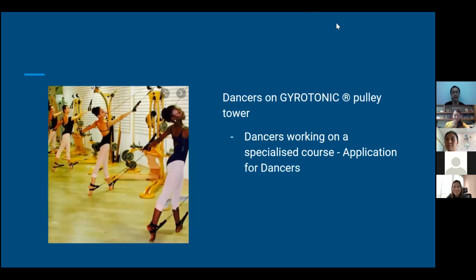So this one, the dancers on the Gyrotonic machine, and yes, we have a few machines in our studio to work on clients. And this one is called the pulley tower. Gyrotonic actually has five specialized pieces of equipment, and also Gyrokinesis. Later I will share. Gyrotonic is the one where you work on the machine. For the pulley tower, we are using weights and straps, which allow the dancer to move freely, as compared to the springs on the trapeze table, which are more restrictive.